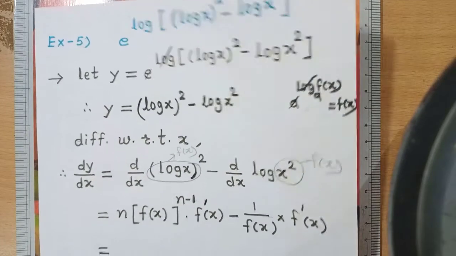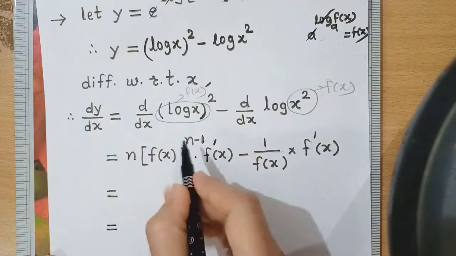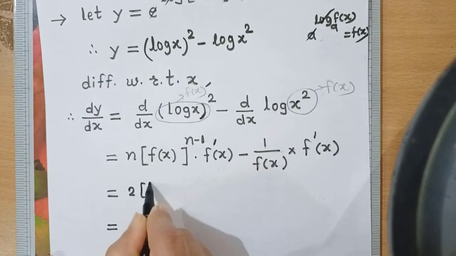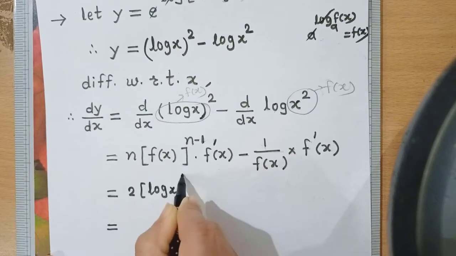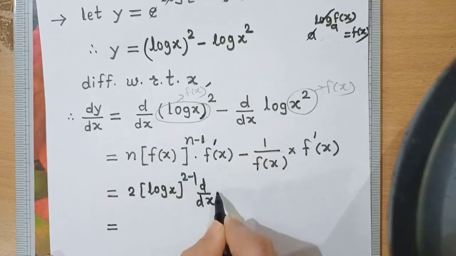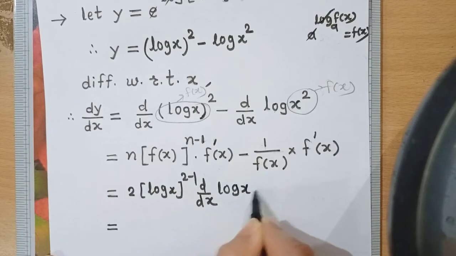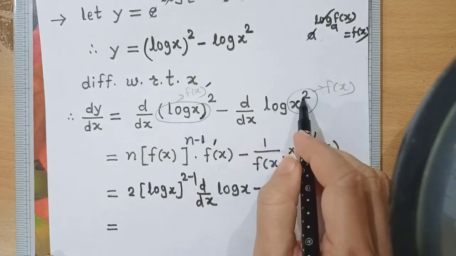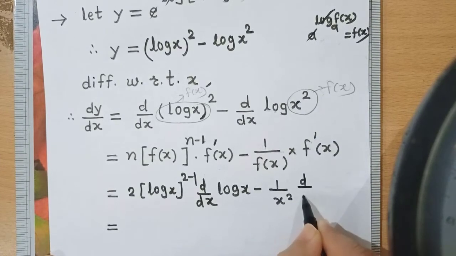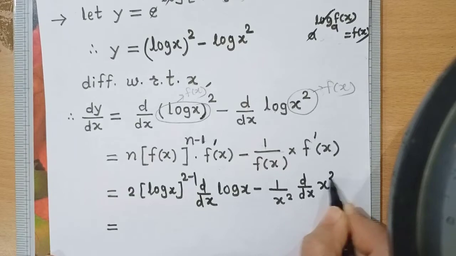So the next step is here n means here 2, f(x) means log of x raised to 2 minus 1, and again derivative of this log x, minus again f(x) means now here x square, so 1 upon x square, and again d by dx of x square.